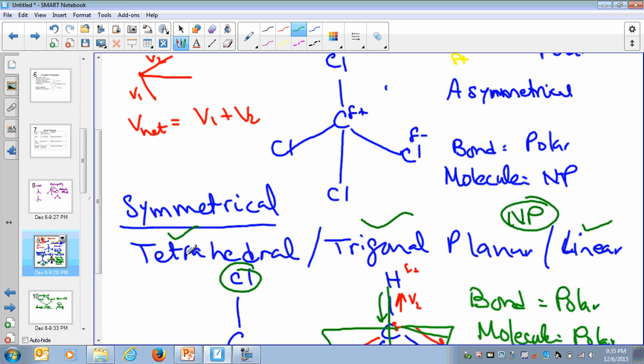I want you to read page number 115. As a matter of fact, you should be doing all the examples, starting page number 111 all the way through 115, which talks about molecular polarity. I want you to study those study tips, read all the details. You should be able to deduce the molecular polarity by adding the vectors.